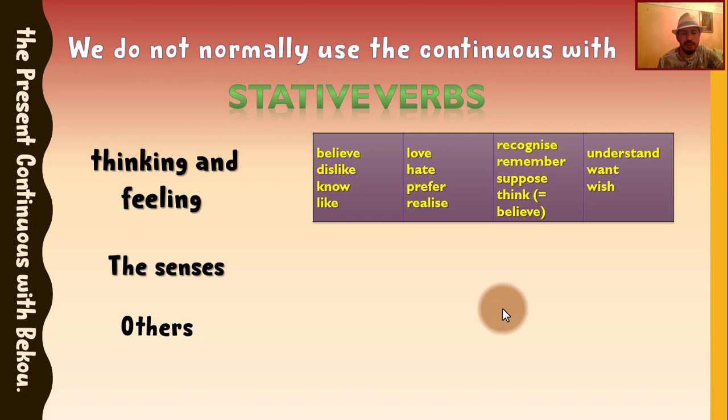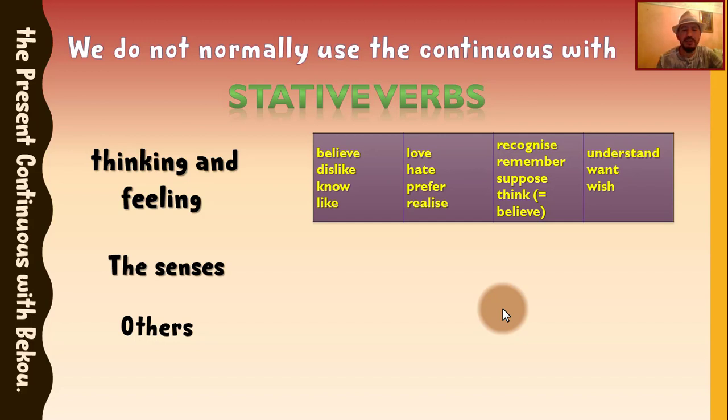So we don't say I am believing you. Dislike, know, like, love, hate, prefer, realize, recognize, remember, suppose, think, believe. Think, which means believe. I think so. Understand, want, wish. So bear in mind that these verbs are not put in the present continuous at all, except if the verb means something else, not this meaning of thinking and feeling.